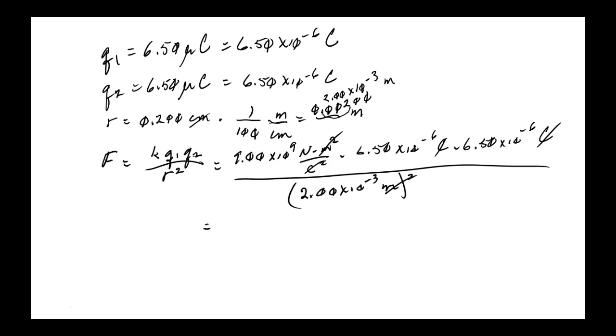Negative. Divided by, open parentheses, okay, 2 EE 3 negative, close parentheses, square. Equal. All right, let's see what we got.